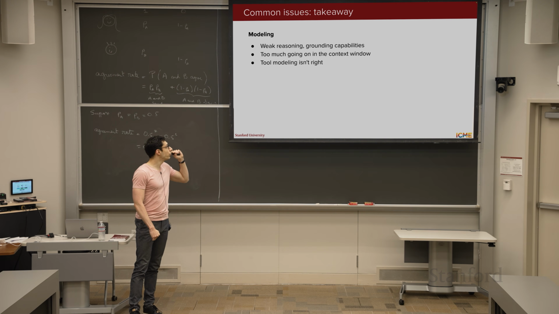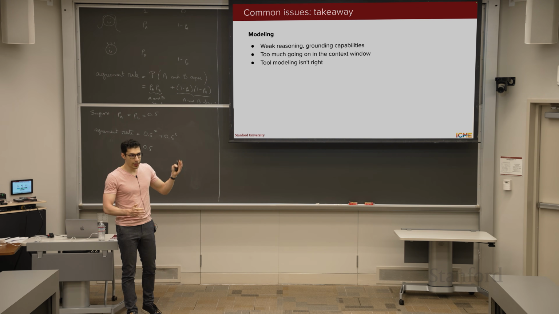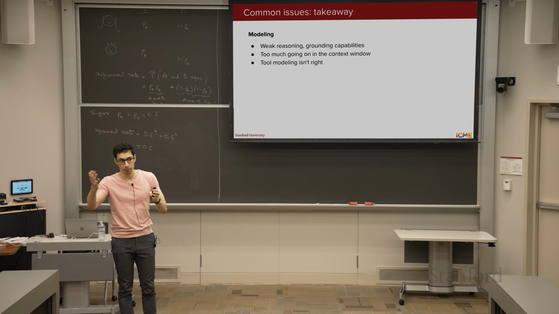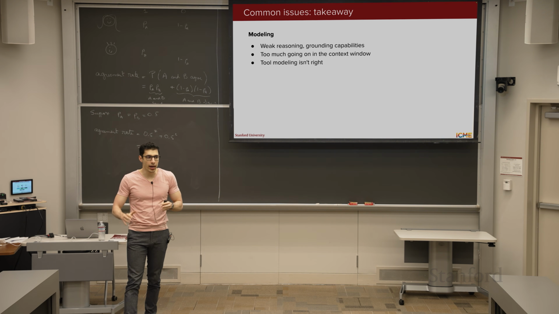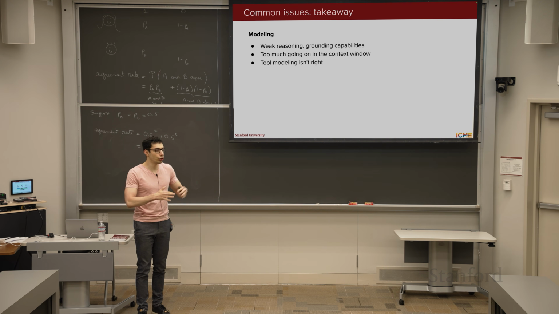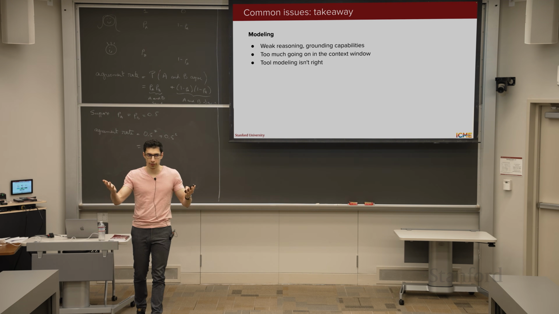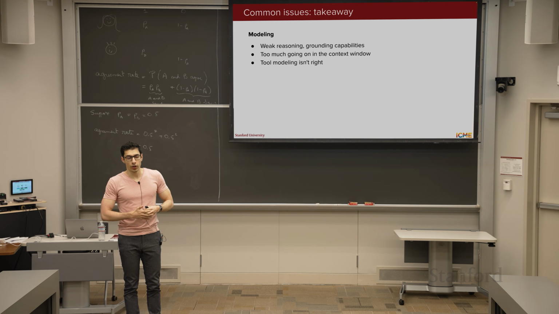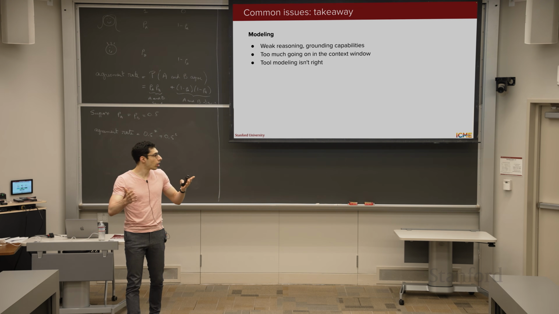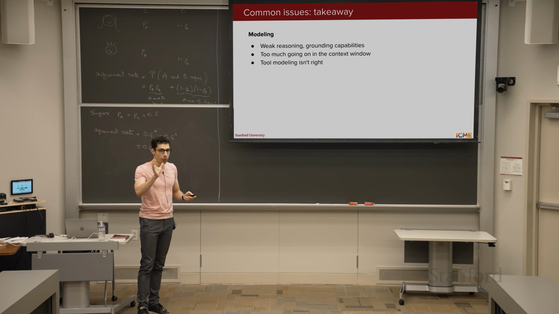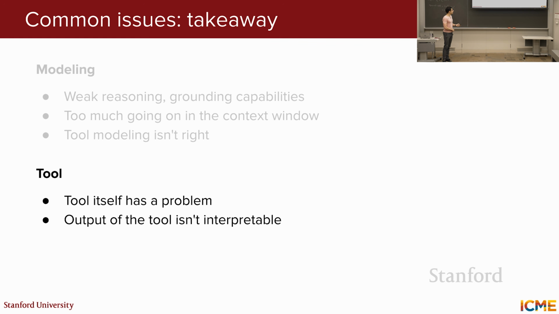And on the modeling side, one more aspect is maybe the tool router's modeling or the tool API modeling itself, either by SFT tuning or just prompting, or even just the API description itself. Does the function make sense? Do the arguments make sense? Does the docstring make sense? So this is one kind. And the other kind is the tool itself, so maybe it just has a problem, so you need to fix it.